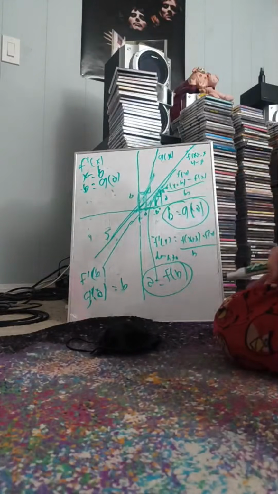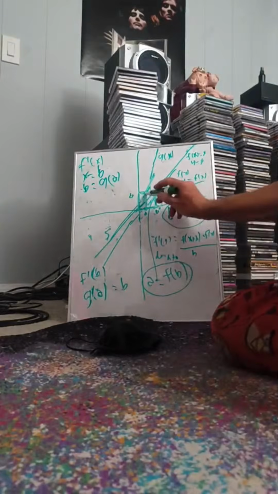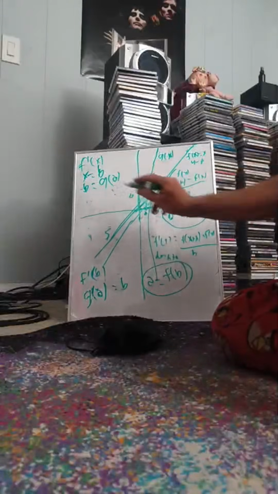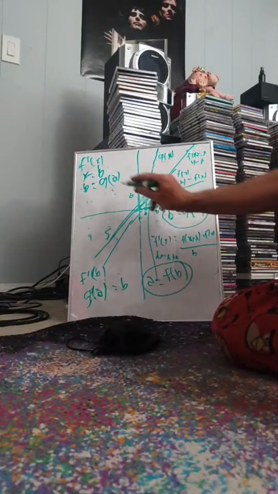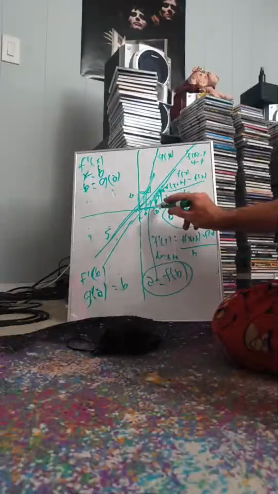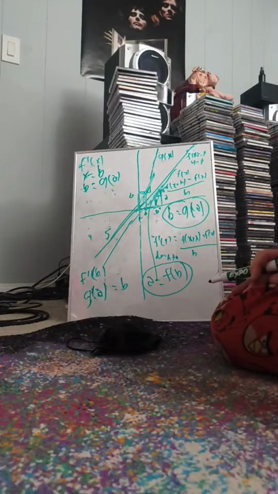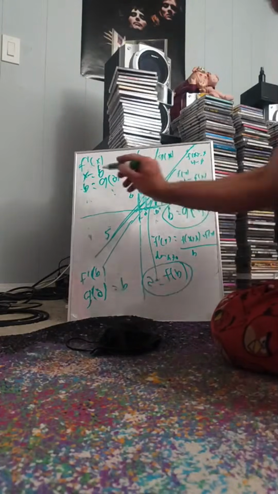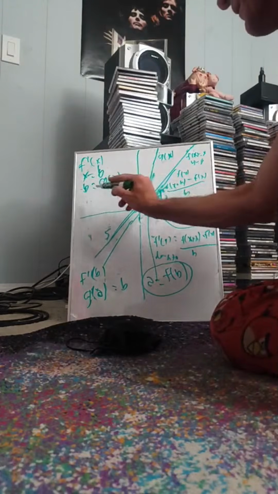That's how it goes. Yeah. g of a equals b. And this x equals b, right? Get that? But b is equal to g of a.